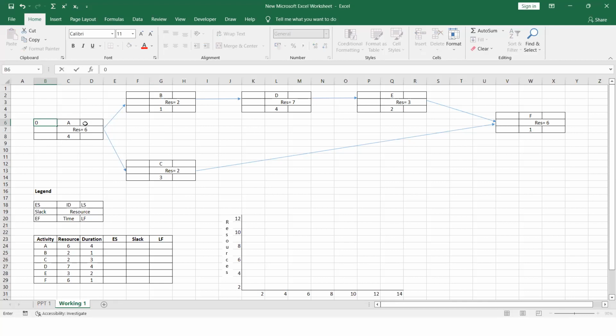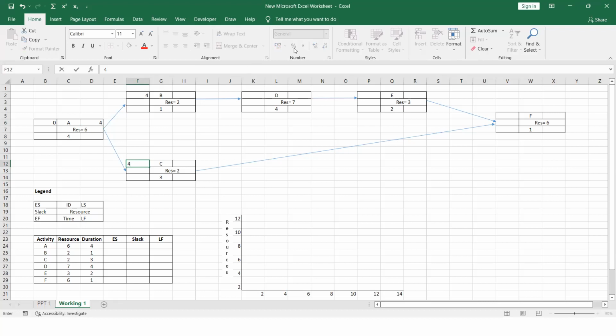After adding 4, you can take the late start. How much? 4. Late start of activity A is 4. That 4 is going to activity B as well and activity C as well, right? So, can you all do the calculation of early start, early finish, and late finish, right?